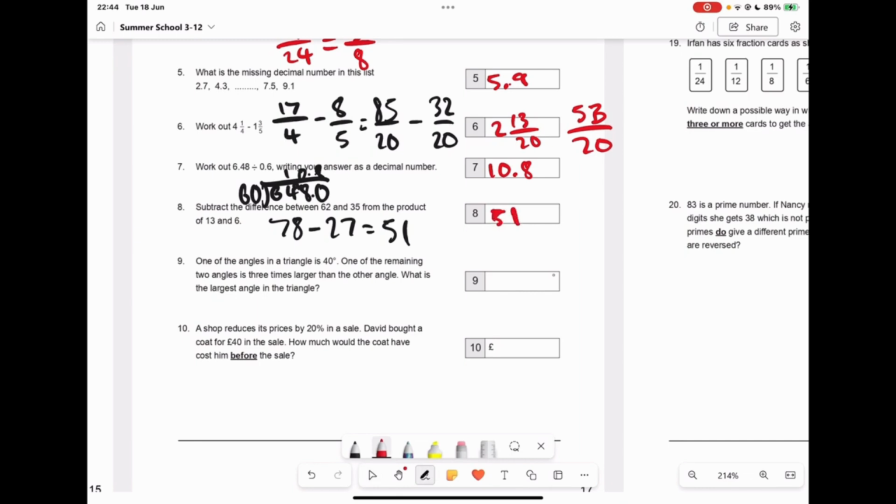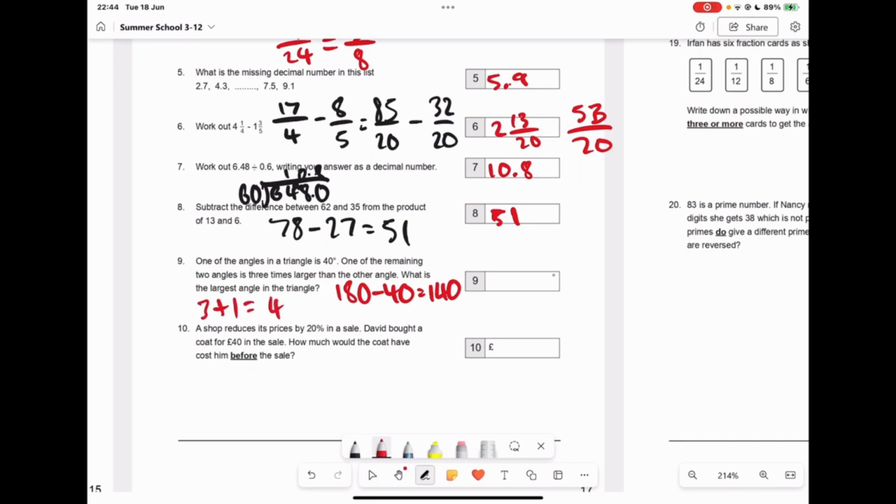Okay, one of the angles in a triangle is 40 degrees, and the other 2 remaining angles, one is 3 times larger than the other angle. So what is the largest angle in the triangle? Okay, so we know that there is a 40-degree angle, and we know that there is 180 degrees in a triangle, so 180 minus 40 will equal 140. And then we know that one of the remaining 2 angles is 3 times larger than the other, so 3 plus 1, because that's the scale, so 3 to 1 is equal to 4.